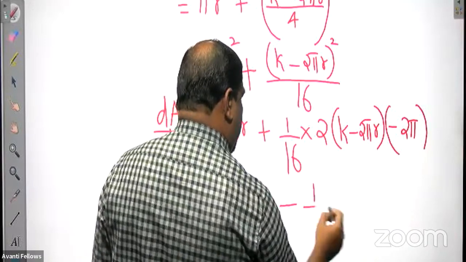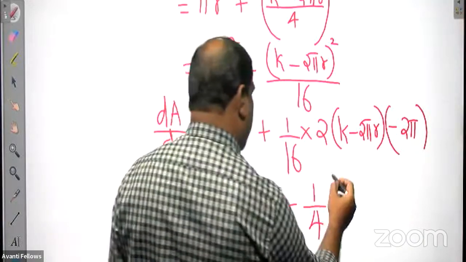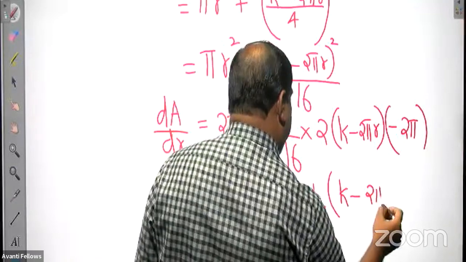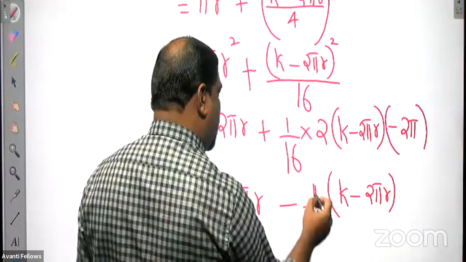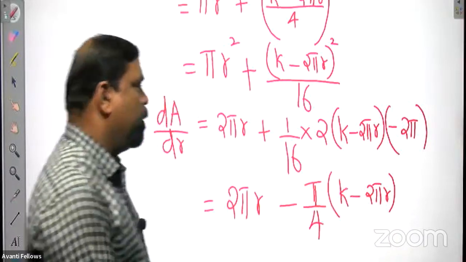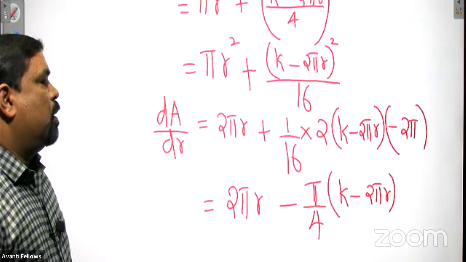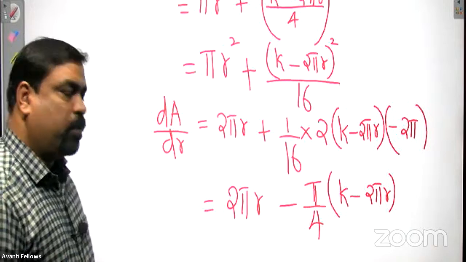So that means minus 1 by 4 into k minus 2 pi r into 1. Pi is also there, that also can be written in the beginning. Minus 1 by 4. Yeah, minus pi by 4 into k minus 2 pi r.